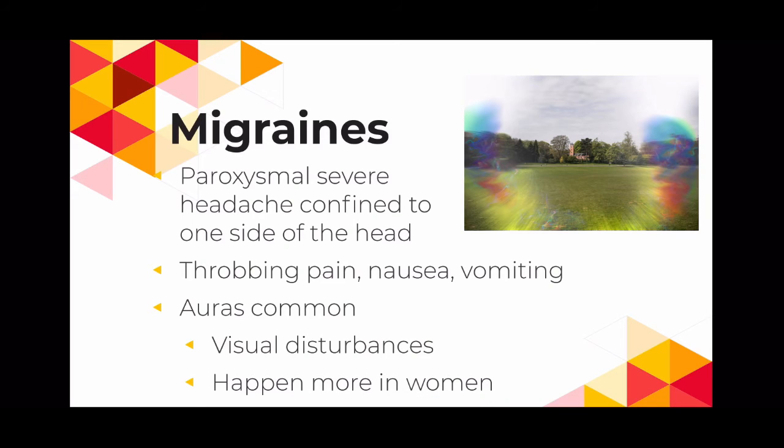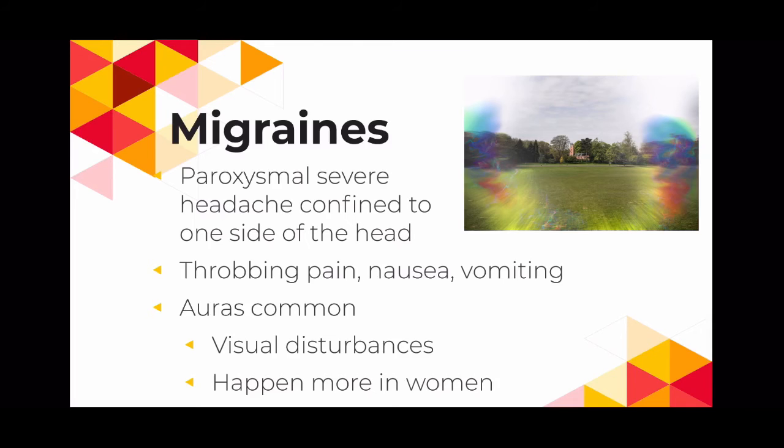Migraines, something that I am very well versed in. These are paroxysmal severe headaches that are usually confined to one side of the head. The word paroxysmal is not one of your words, but it's not a common word that we hear every day.